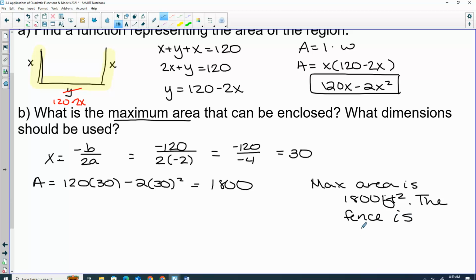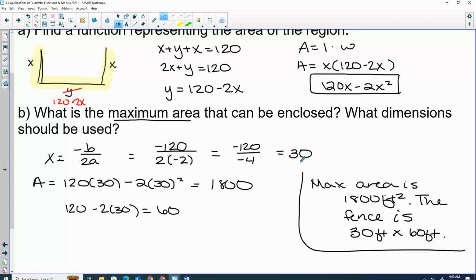I know that one side is 30, so 30 feet by, how do I find the other side? Just 1,800 divided by 30 would work, because it's length times width. Or you can use the picture, the 120 minus 2 times 30. So we get 60. The fence is 30 feet by 60 feet, and the area is 1,800 square feet.